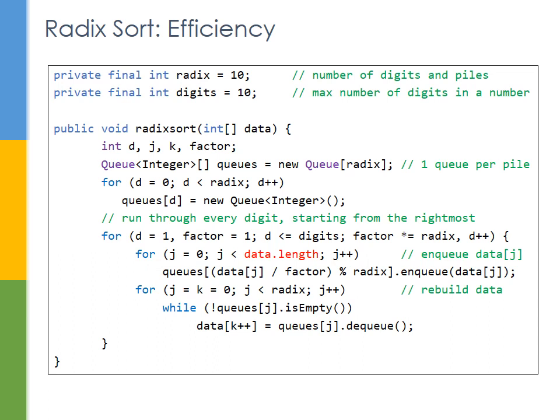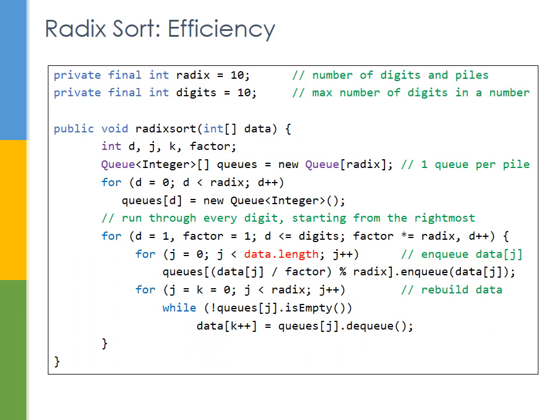Following that, we have this second nested for loop over here, and this runs from 0 to 1 less than the radix. So again, this loop will execute once for each of the queues and associated piles.